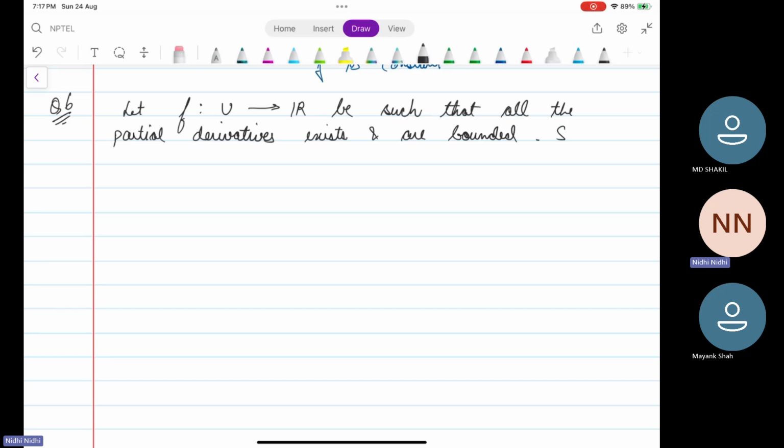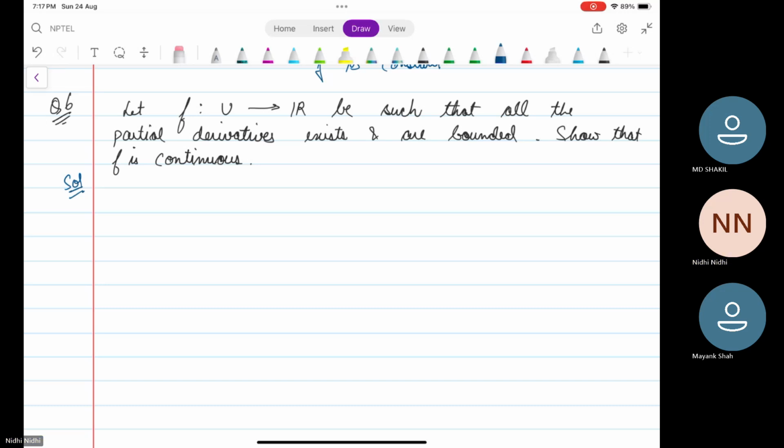Show that f is continuous. Here also we'll be using the mean value theorem. So basically, we know that f has all its partial derivatives.